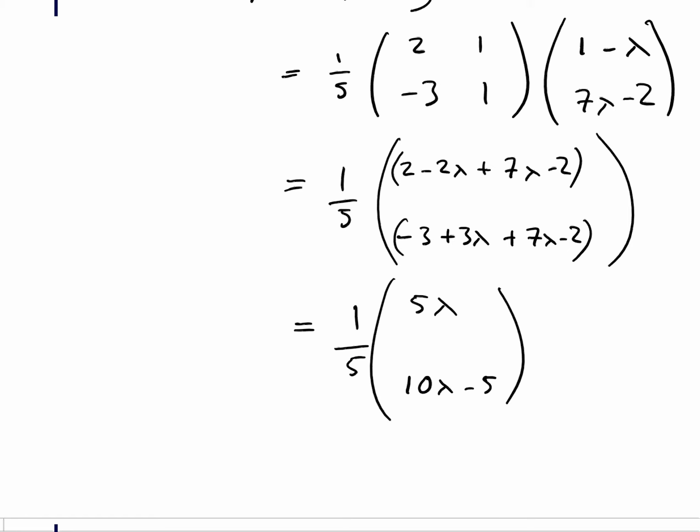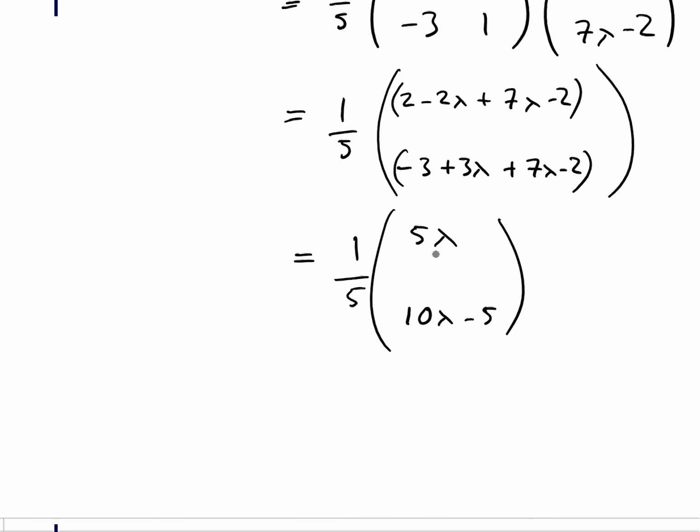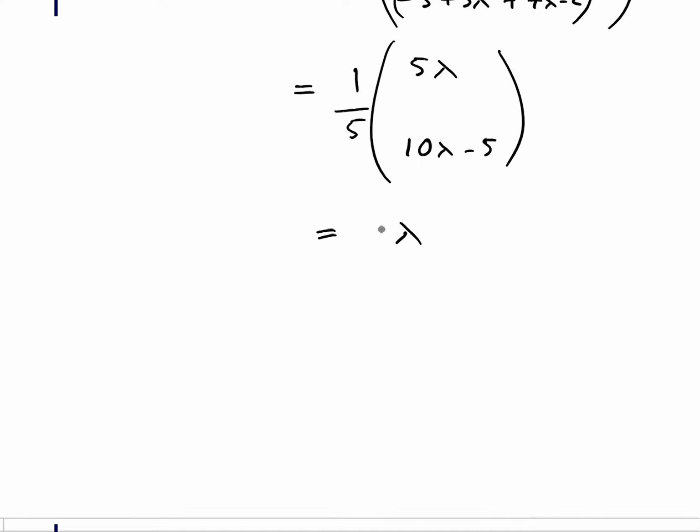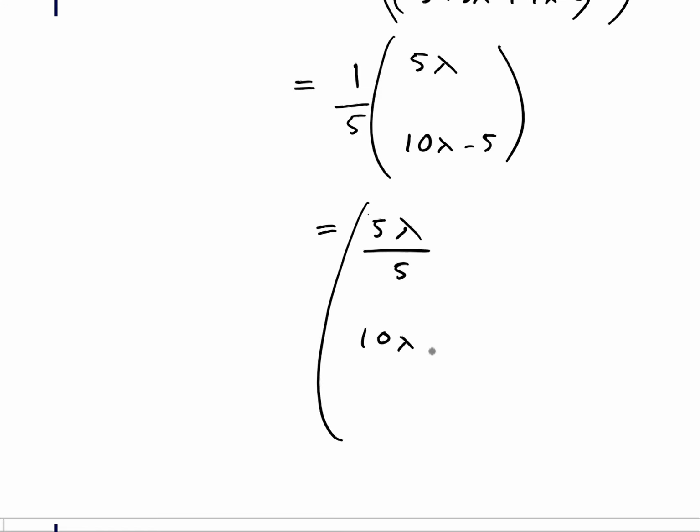And now what I'm going to do is multiply this 1/5 out, because there's a factor of 5 in both these terms. Maybe I'll show you what I'm doing as well, rather than just doing it. So we've still got 5 lambda, and we're just going to put this over 5. And then this is going to be 10 lambda minus 5, all over 5 again.